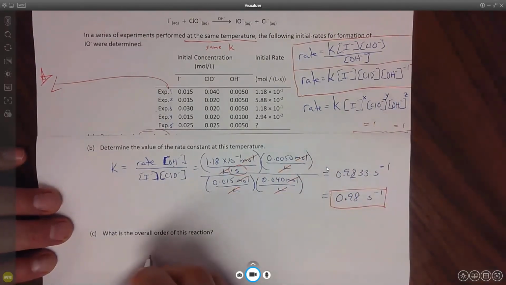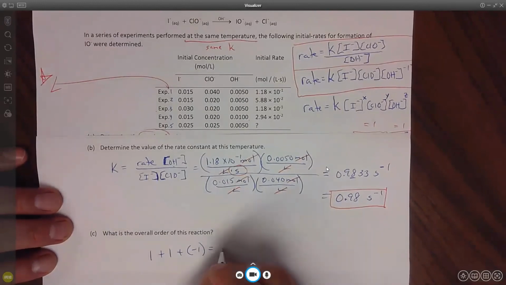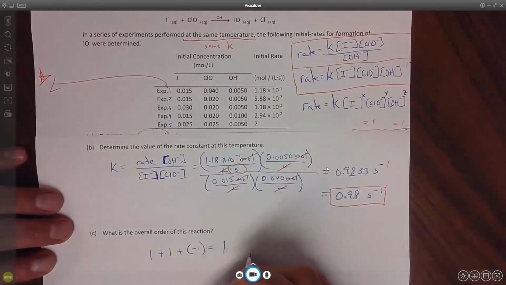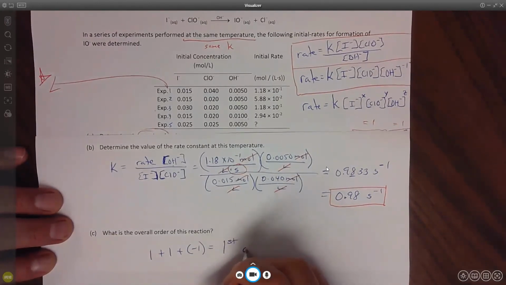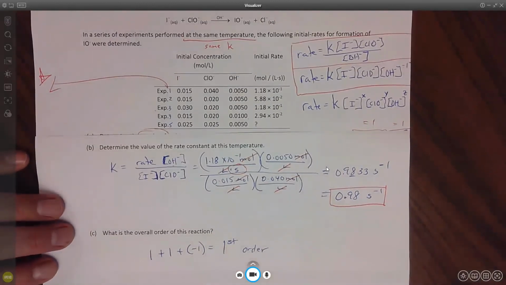So the overall order is going to be 1 + 1 plus our -1, which is just 1, right? 1 + 1 - 1. So the overall order is 1, or we could say first order. Any questions with that? That's really easy. Don't make that one hard, right? You're just adding the exponents.